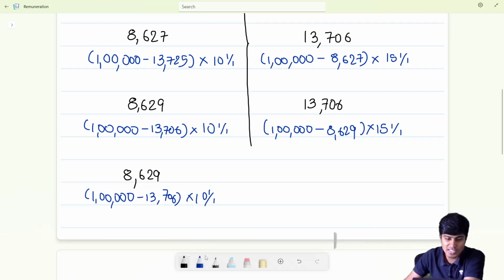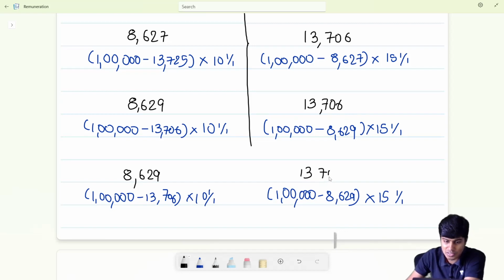And if you take it as 8,629 and then identify your general manager's remuneration by doing 1 lakh minus 8,629 into 15%, you are going to get 13,706 only.